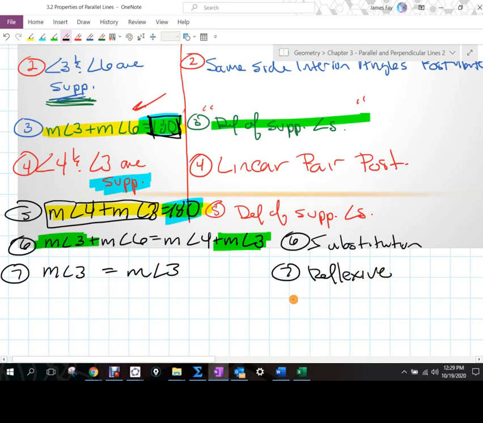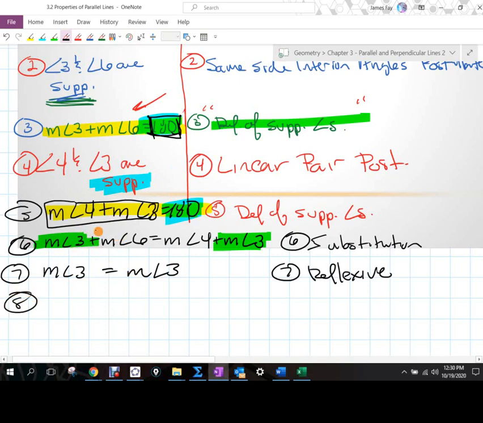Some will jump straight to the conclusion. But I'm going to write this. Measure of angle 3, the symbol on the left, is the same as measure of angle 3, the symbol on the right. And that's the reflexive property. It might not make a whole lot of sense right now, but in chapter 4 and chapter 5, when it's essential, my hope is by working it in chapter 3, it becomes kind of natural for you to use that process.